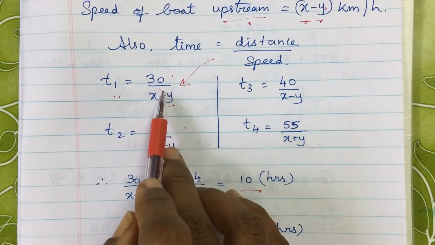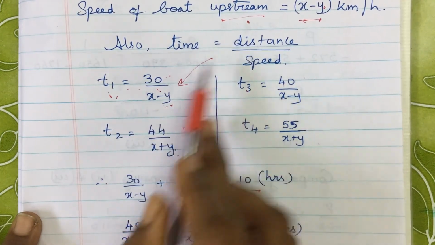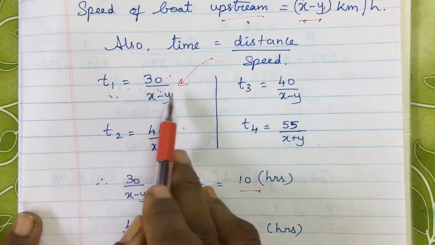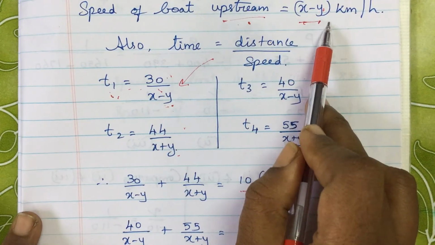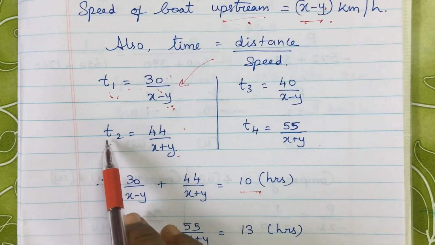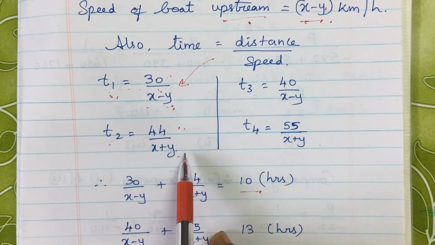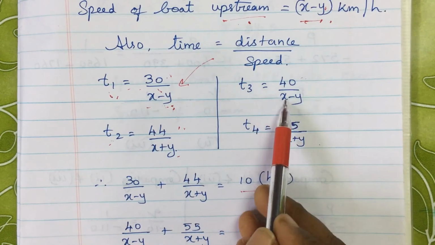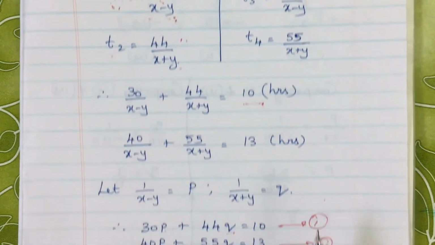So applying this formula here, the time taken I am assuming it is T1 equal to the distance taken is 30 kilometer divided by the speed what I have calculated for an upstream behavior, it is x minus y. A similar procedure you can adopt for T2. T2 is equal to distance covered is 44 divided by x plus y. Similarly, T3 is equal to 40 by x minus y. T4 is equal to 55 by x plus y.